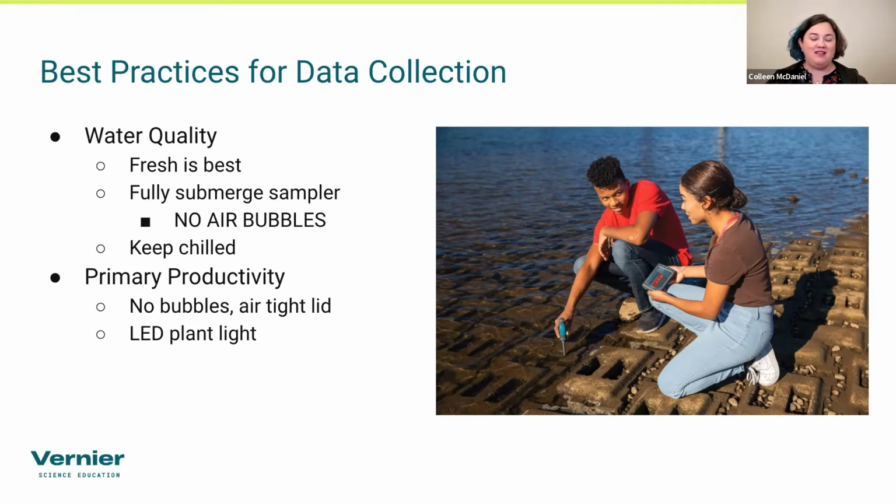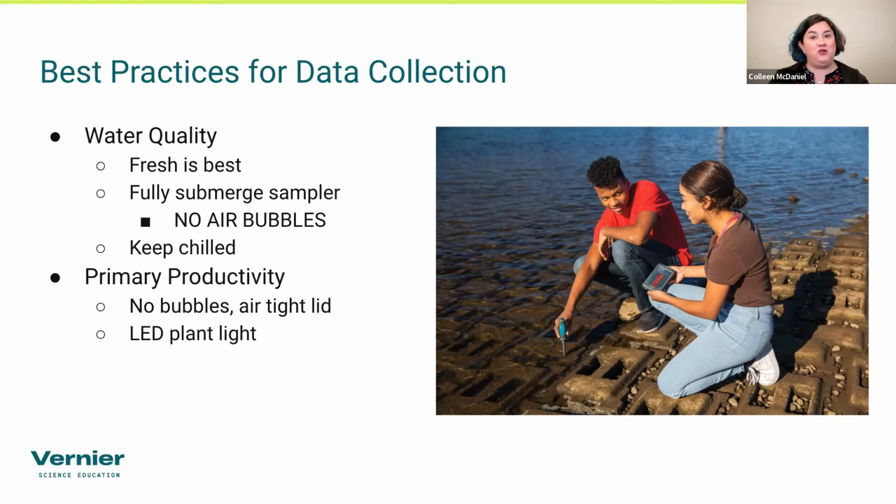Because dissolved oxygen is so affected by temperature and pressure, it really is best to get that dissolved oxygen reading on site. So doing it either directly in the stream, directly in the pond, or taking a sample and measuring it right away. And that is because of that temperature factor.